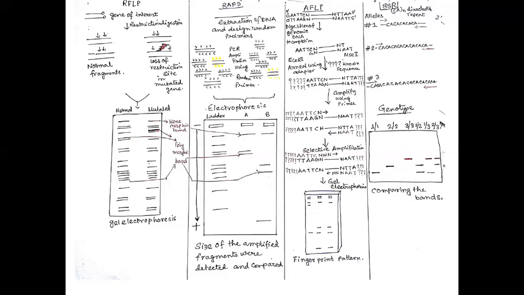And when we get different bands in normal as well as in mutated, then the new bands are called polymorphic bands. So like this, we can identify a normal versus a diseased or mutated condition using RFLP. Now coming to RAPD. The basic strategy of RAPD is to use a random primer.